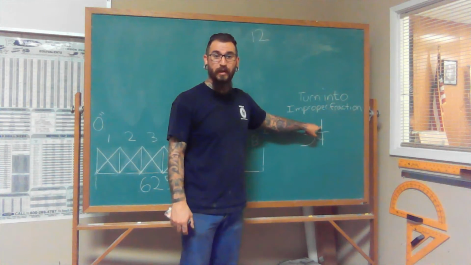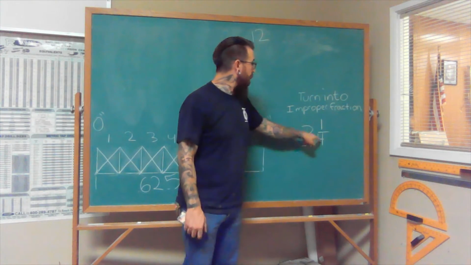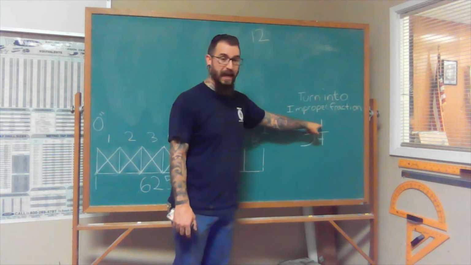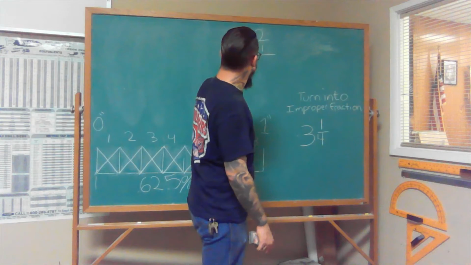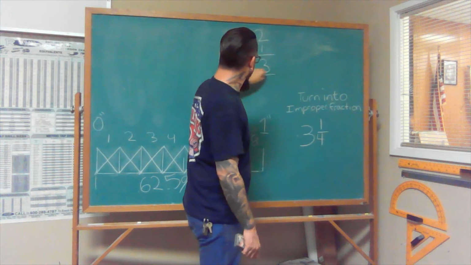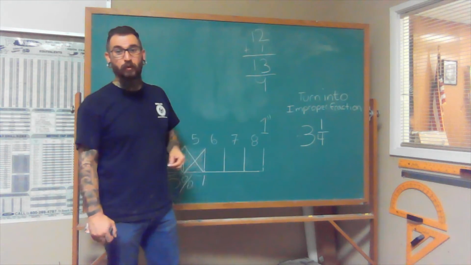But we already had 1 extra 1/4 inch in here. So we're going to multiply 3 times 4, which gives us 12, and then we're going to add that 1 to it. So really, what we are left with is 13 1/4 inches.